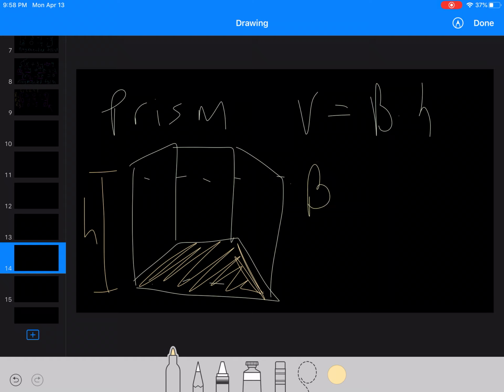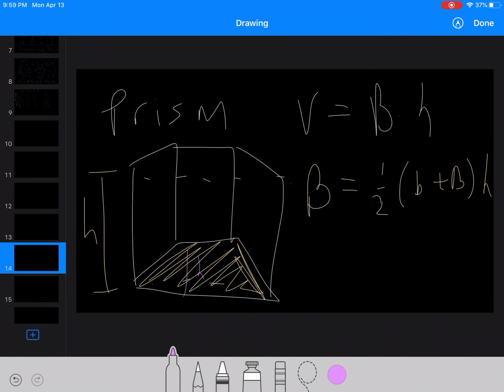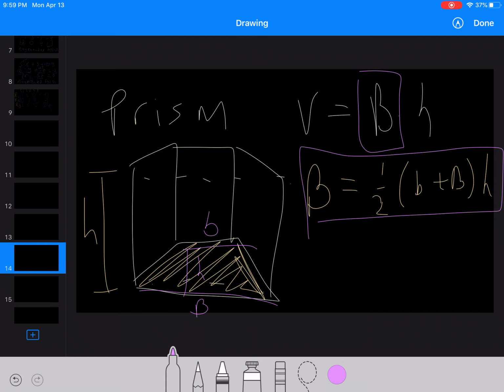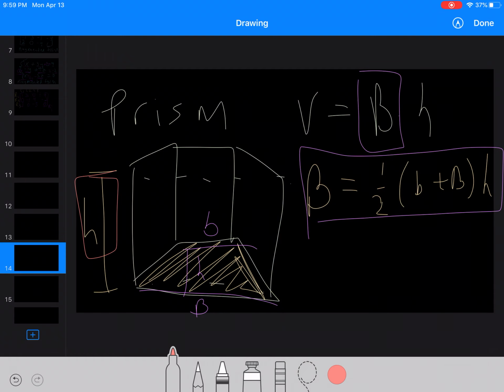So the base here is 1/2 little b plus big B times h. In this formula, we have two different types of h's. The height of the purple one is the height of the trapezoid on the base. This little b here is the little base, which is that section, and the long side is capital B. So this is the formula we would use for that base, and of course the height would be given to us to find that volume. So that is the trapezoid.